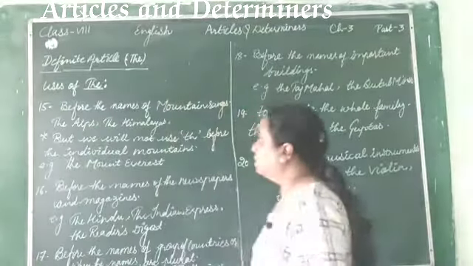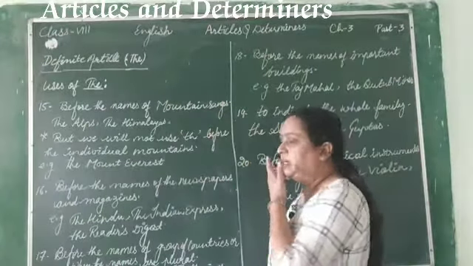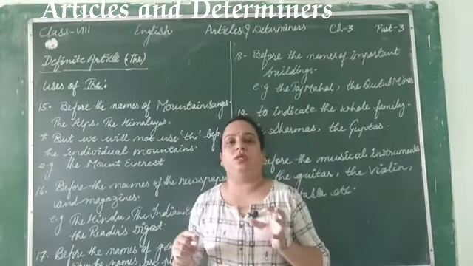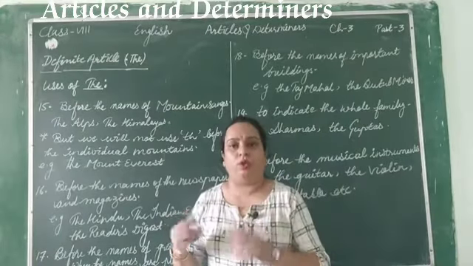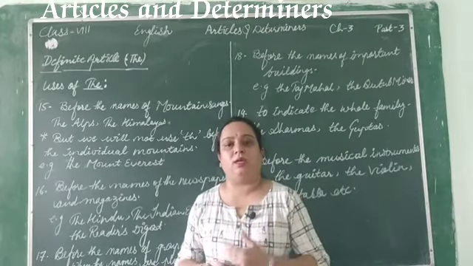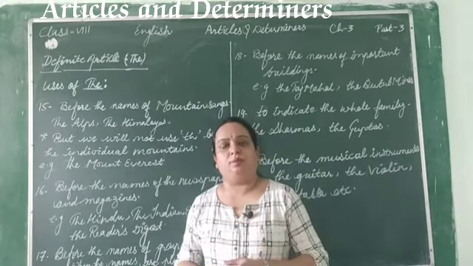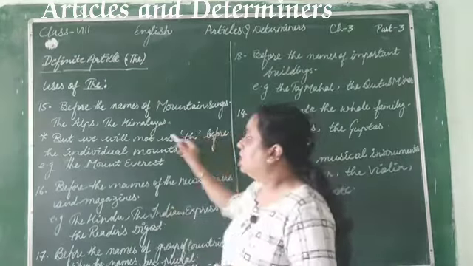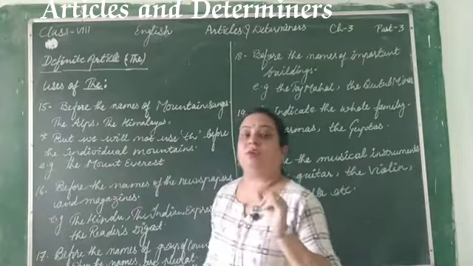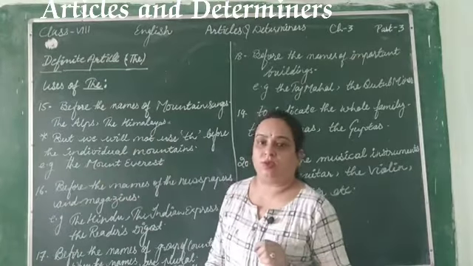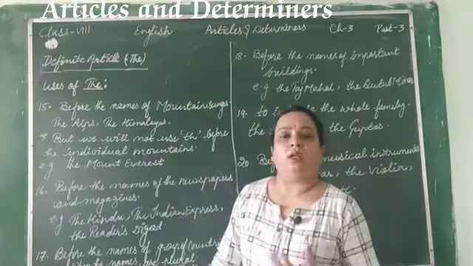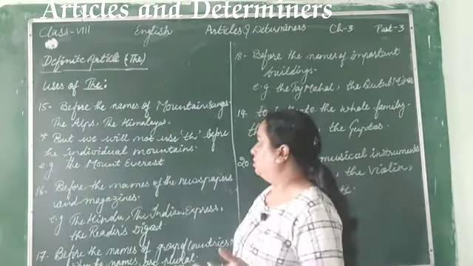Now the next rule is before the names of the mountain ranges, where the mountains are in a group, right? Like the Himalayas, the Alps, many are there which are in groups. The Alps, the Himalayas, and you can get many more in your SST books.